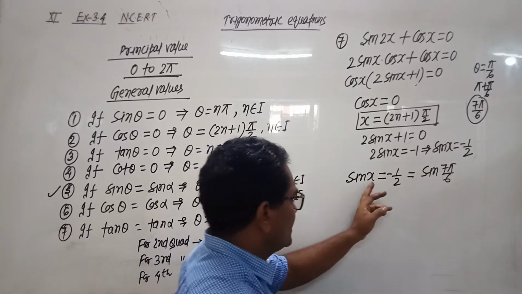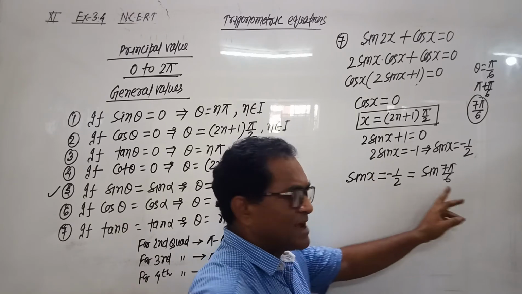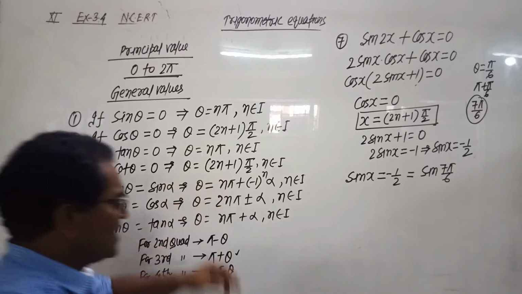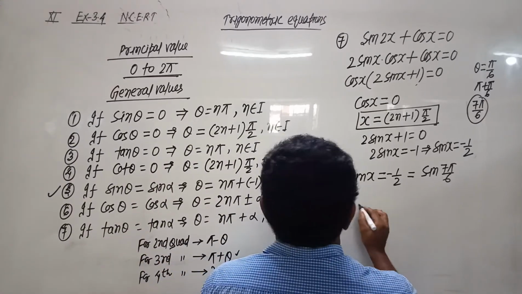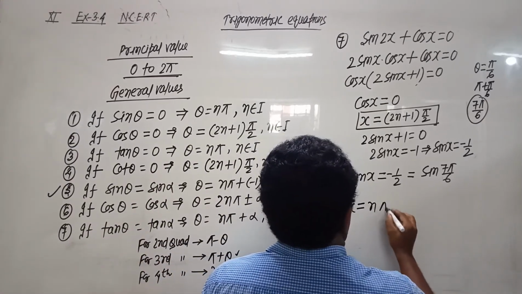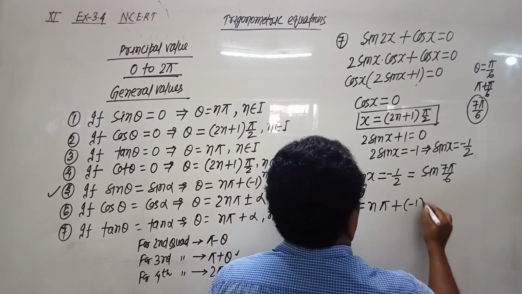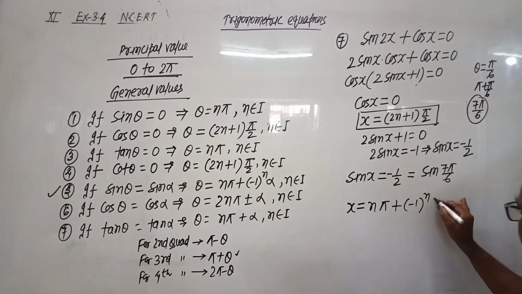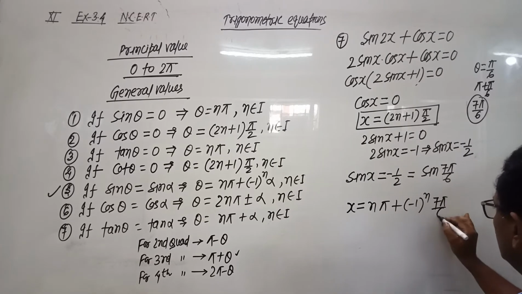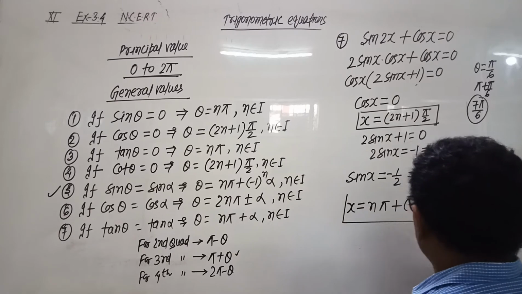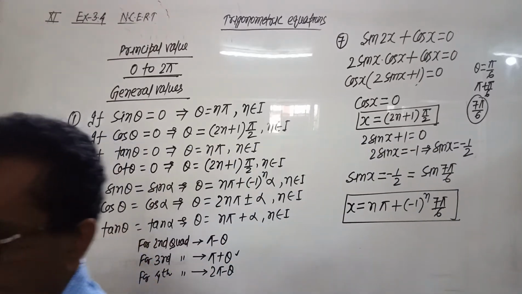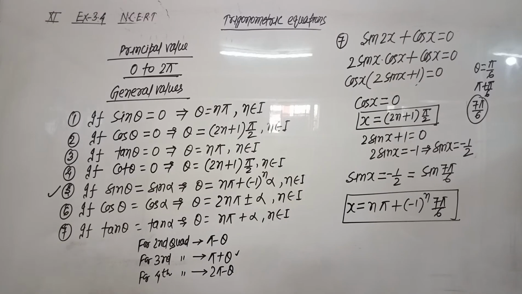At the place of theta there is x. Sin theta equals to sin alpha, formula number 6 will be used. Then x equals to n pi plus minus 1 to the power n into alpha. The value of alpha is 7 pi by 6. So this is the another general solution for 2 sin x plus 1 equals to 0 and for sin x equals to minus 1 by 2.